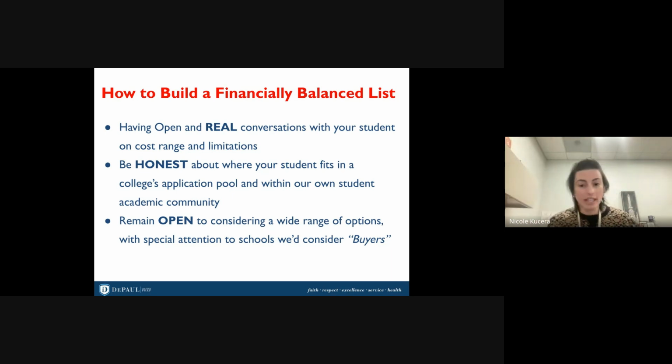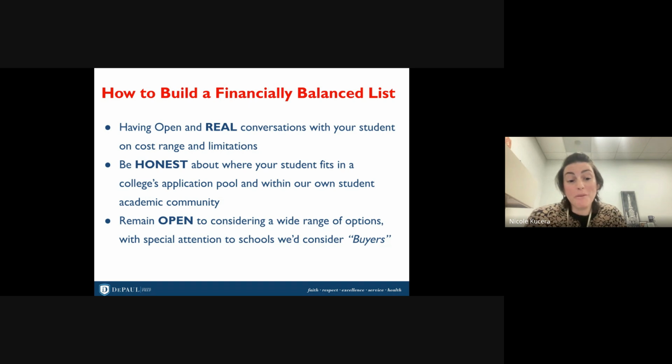So having that honest conversation with your student, you can easily look up for any college what the average GPA is and what the average test score is. We do have some testing coming up again in the spring. That's just to give you an indicator of where you are along that path.